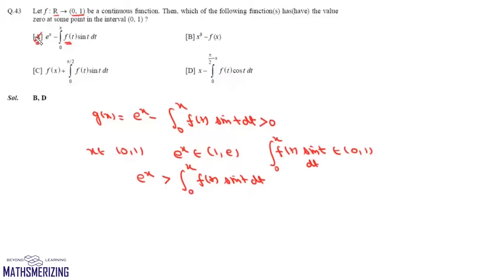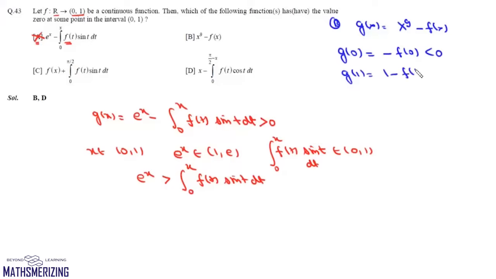So this option A is incorrect. Now what about the function in option B? For B, let us take g(x) as x to the power 9 minus f(x). Now what is g(0)? g(0) is minus f(0), which is less than 0, and g(1) is 1 minus f(1), and the maximum value of f is less than 1, so this is greater than 0.